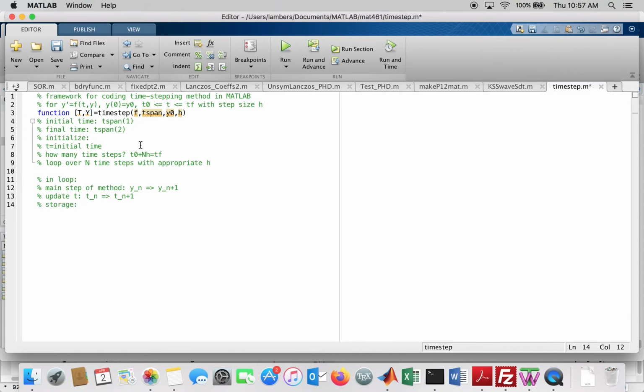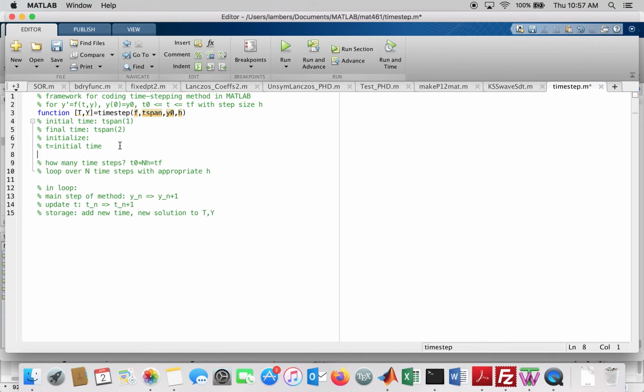Storage. So add the new time, new solution to T and Y. Before you start, the items from initial condition, the time and a solution value, are stored in capital T, capital Y to begin with. And in the loop, you'll keep filling in new values. And that's the procedure. I'll go ahead and post this.